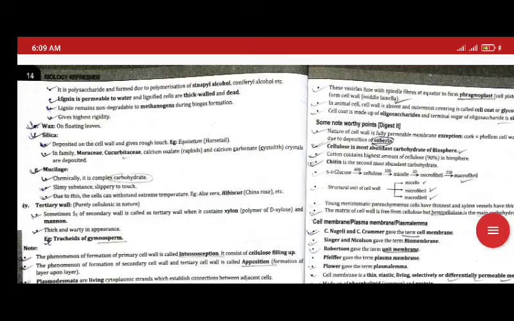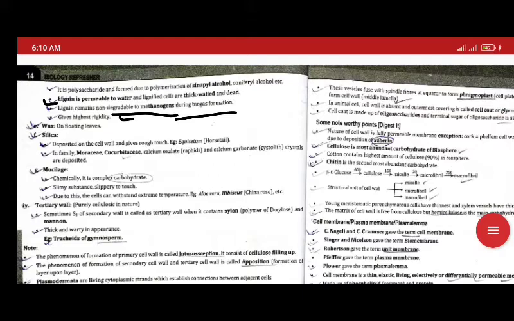Now lignin is found in xylem vessels, sclerenchyma, and in tracheids too. Lignin is non-degradable by methanogens during biogas formation, and it gives higher rigidity, meaning it is of high strength and highly rough, and lignin is also impermeable to water.